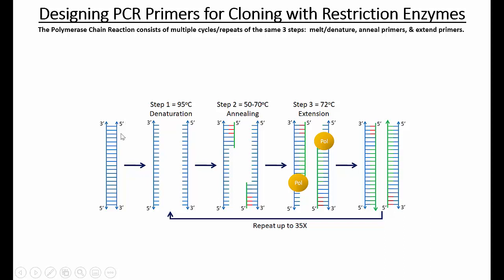So anyways, so far I've melted the template DNA apart. I've cooled the solution down to 50 to 70 degrees Celsius to allow these primers to anneal. Then I slightly increase the temperature to 72 degrees Celsius. Now what's going to happen there is DNA polymerase will bind to this primer-template duplex that we have, and then at 72 degrees Celsius it will start extending that primer.